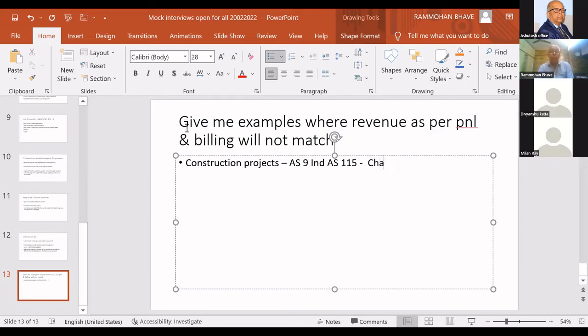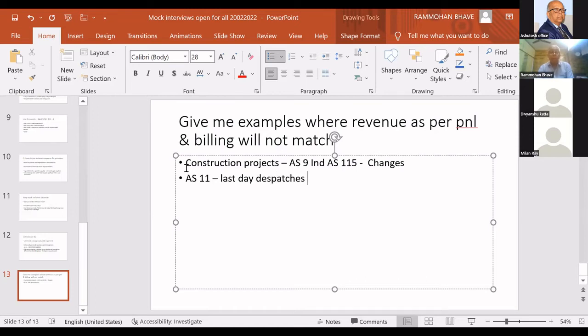Any other example? Yes, AS11 also, where I have done the billing on the last date of the month, but due to logistics issue, material may be delivered in the next month. So in this particular month, I will not be able to consider that as my billing. Right.